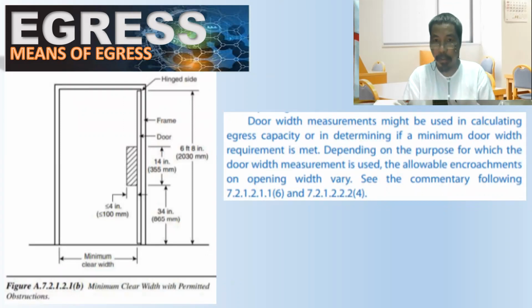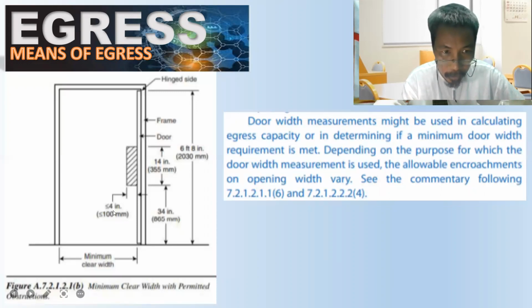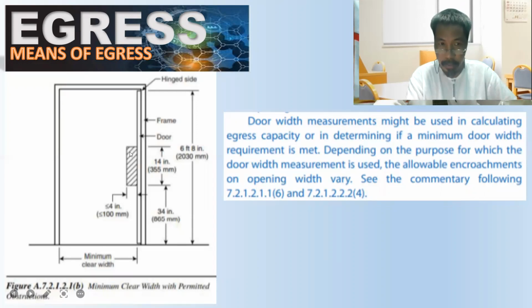Okay. So in the first concept, we don't have permitted obstruction. So what is permitted obstruction? As you can see here, the permitted obstruction is about 100 mm. Here, this is an obstruction. It will obstruct people going out of this opening.